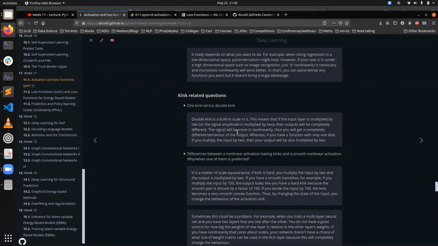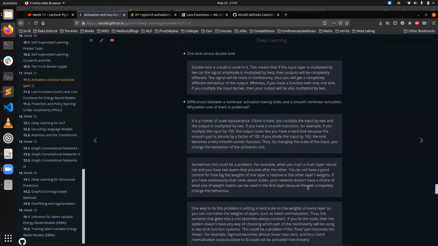This is what I said earlier. If your activation function has multiple kinks, it is scale variant. The behavior of the activation function depends on the scale of your signal, which is not a good thing. I think he comes to that as well, the reasoning behind that.